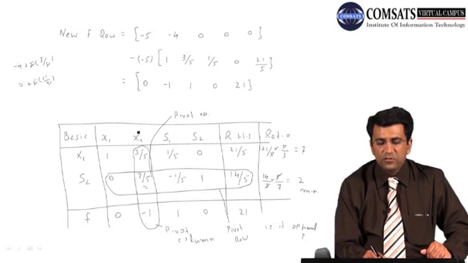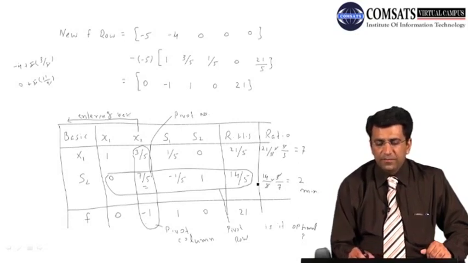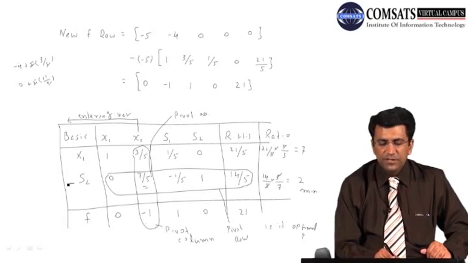So x2 in this particular case will be taken as the entering variable. And the basic variable s2 against that pivot row will be taken as our leaving variable.